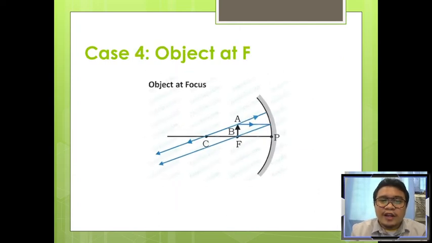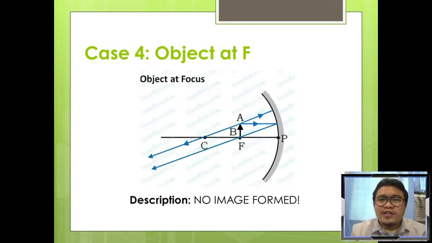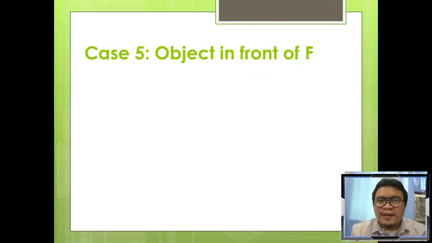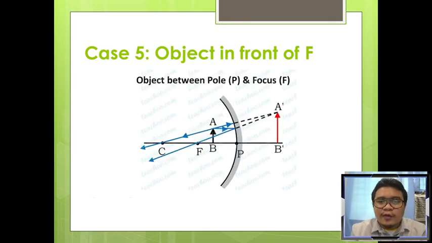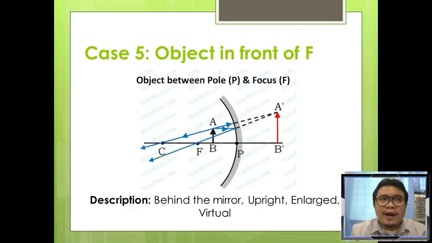And for an object at F, no image formation at all. And for case number 5, object in front of F, you expect to see an image behind the mirror, an upright one. Of course, it's enlarged and it's virtual. And that actually completes our image description for objects placed in front of a concave mirror.